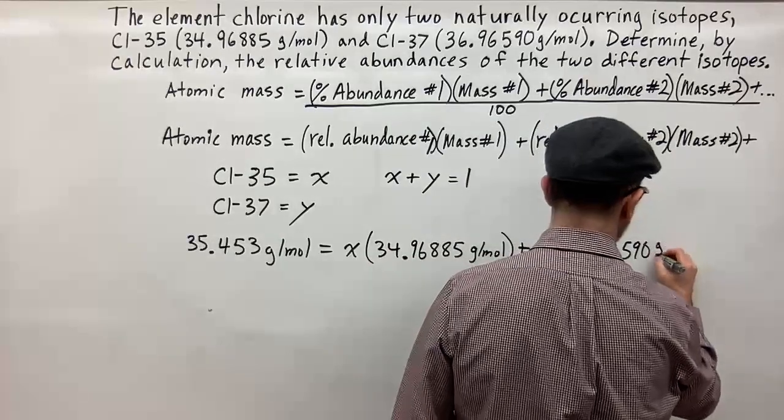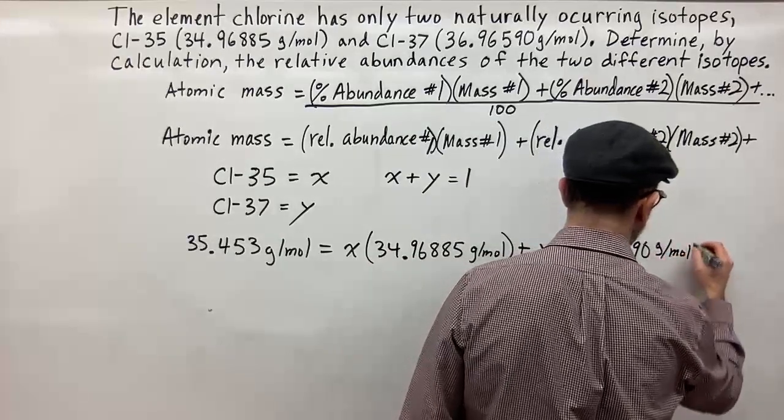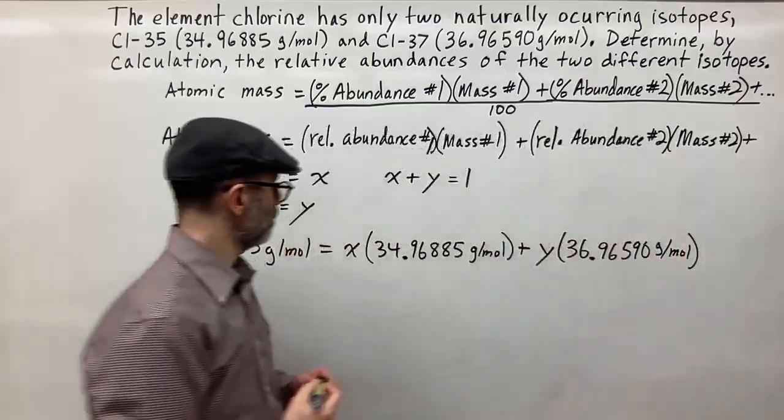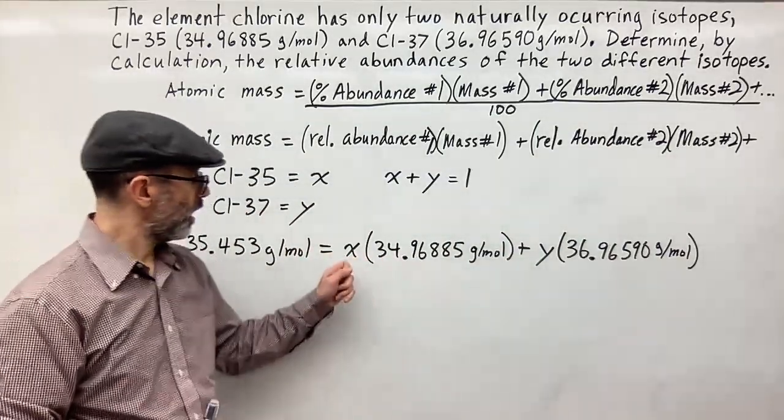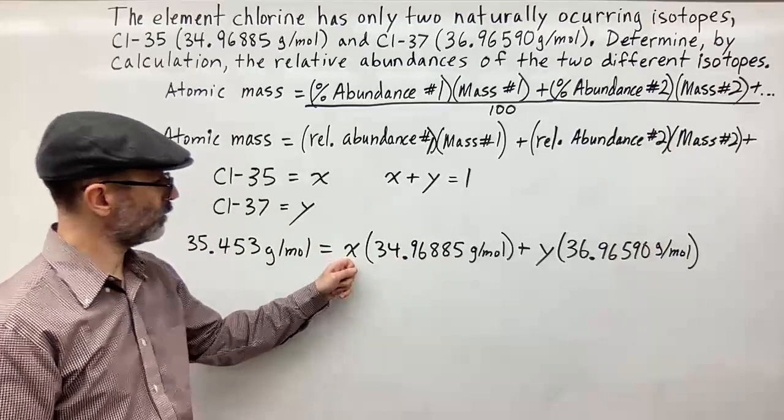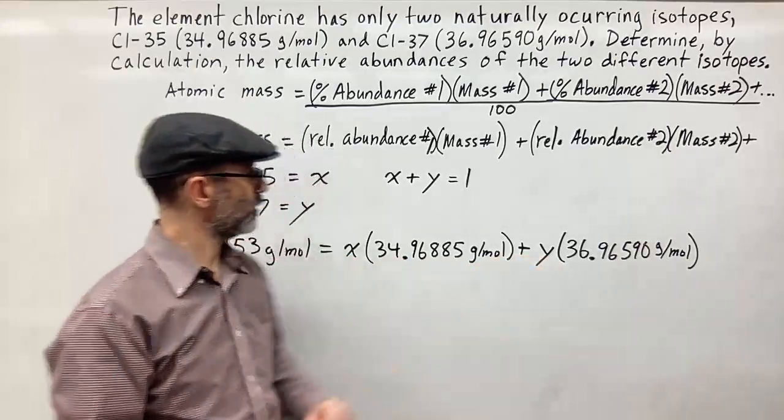And that's grams per mole. And so there's our equation with our X and Y, relative abundance of chlorine 35 and chlorine 37.